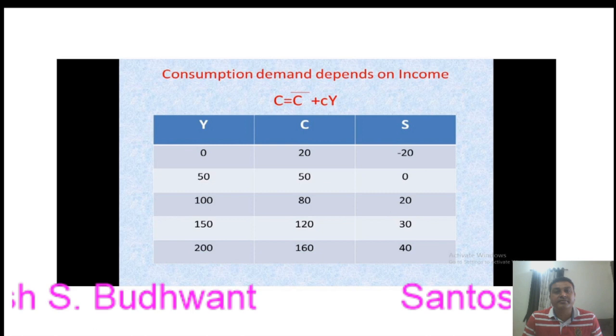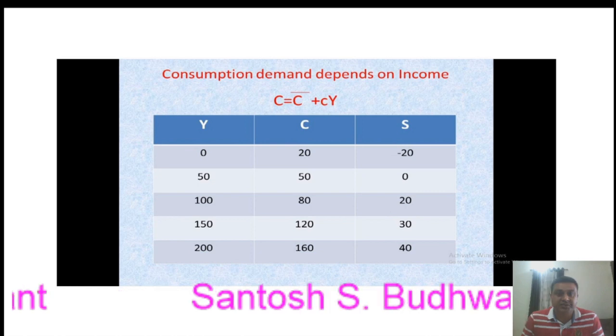Let's explain that. C bar means autonomous consumption, and small c is the marginal propensity to consume out of income y. There is one table: y in the first column, c for consumption in the second column, and s for saving in the third column.